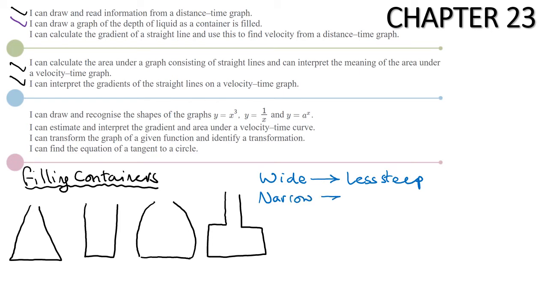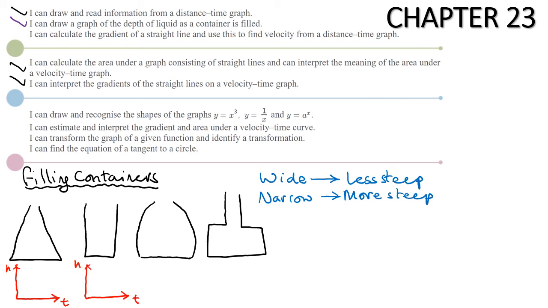So narrow means more steep. So let's draw underneath the graphs for each one of these. Time is going to go along the bottom, height is at the side, so the height of water in that container.